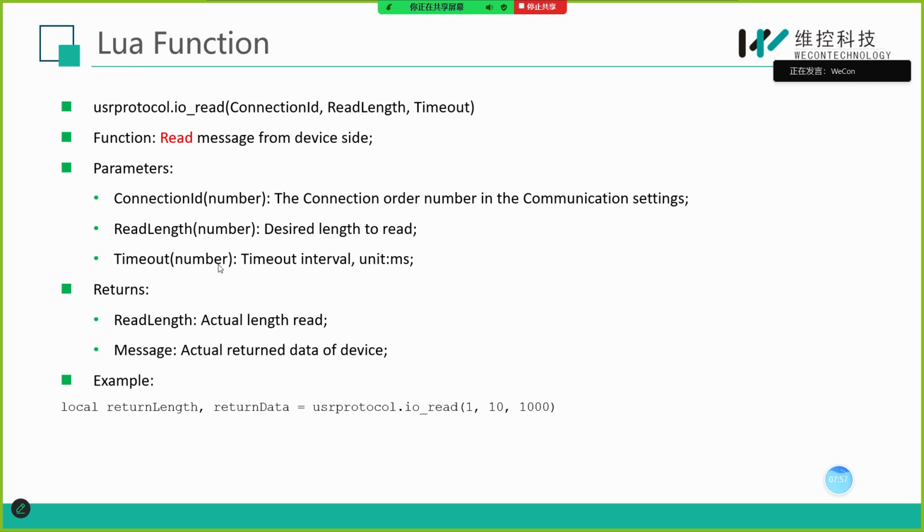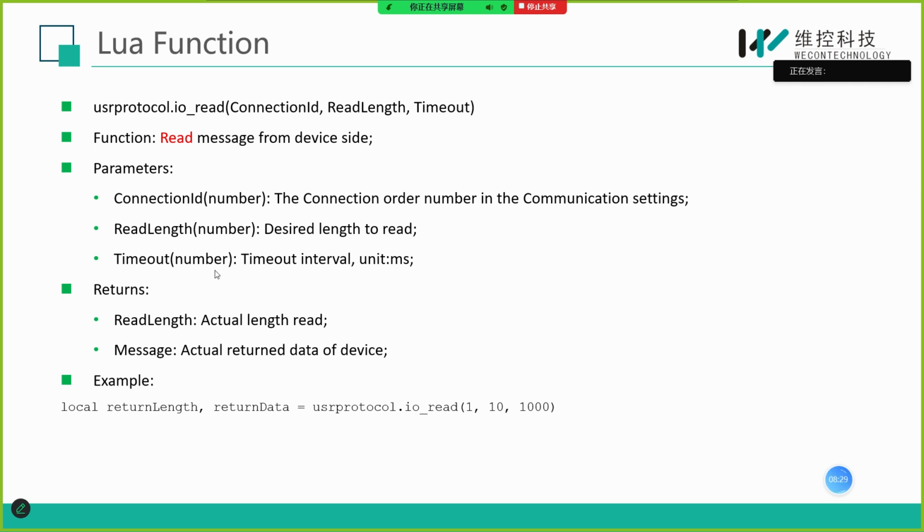The third one sets the timeout interval. Usually this needs to be set over 1,000. If you set the timeout too short, you may encounter the phenomenon of not being able to read the message.